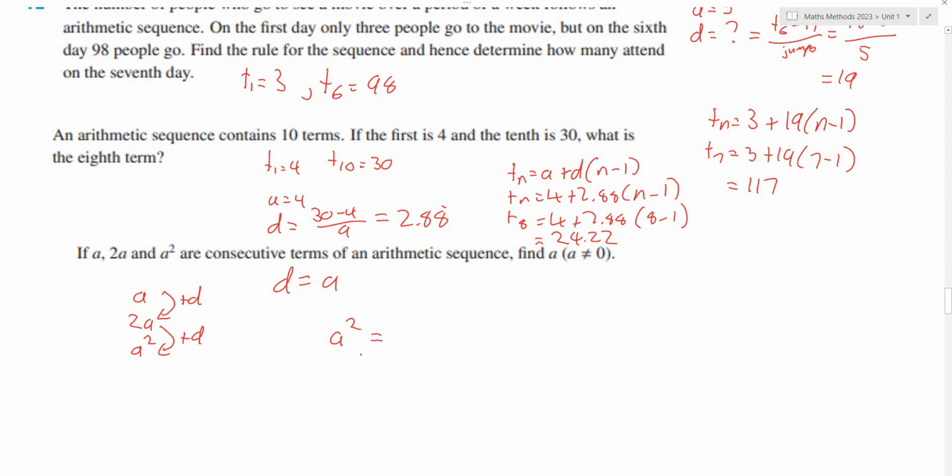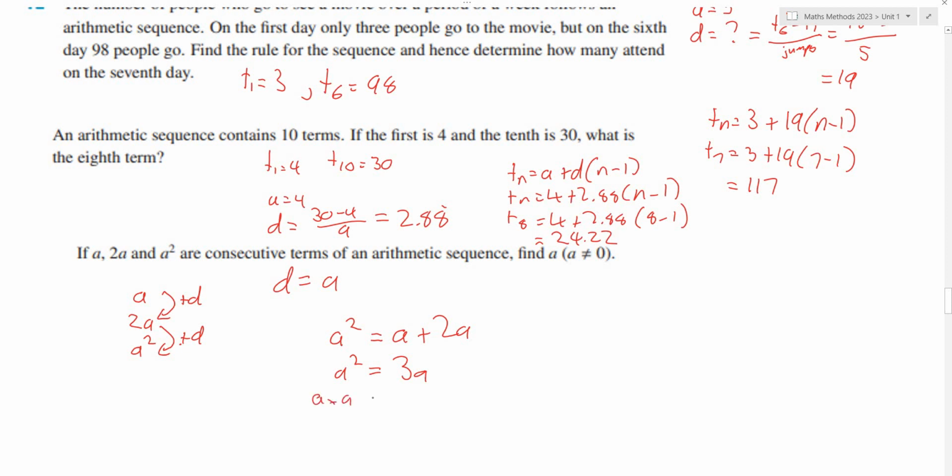4A? You're on the right track, but not quite. If I start at A, how many times do I have to add the common difference to get to A squared? I have to add it twice, which gives me 3A altogether. So I know that A squared has to equal 3A.